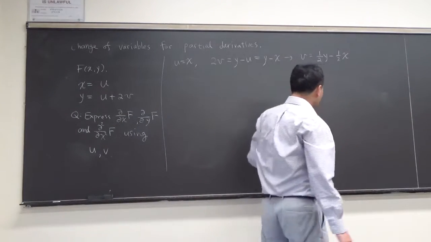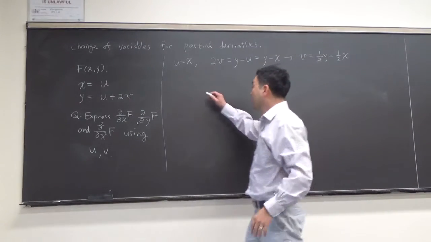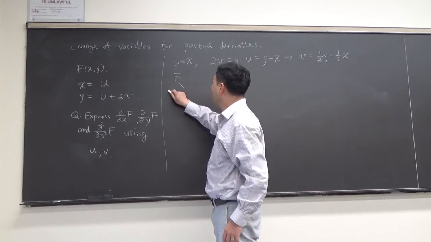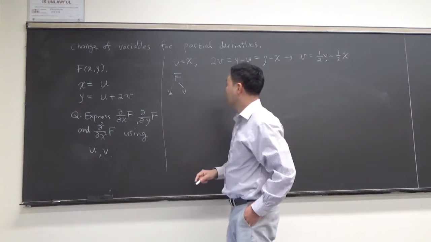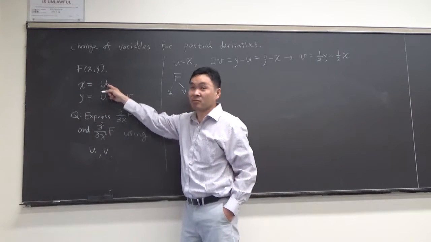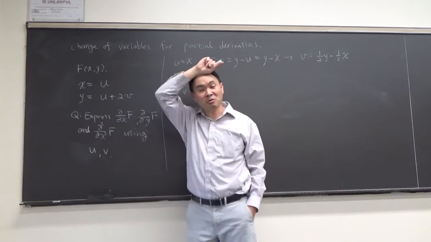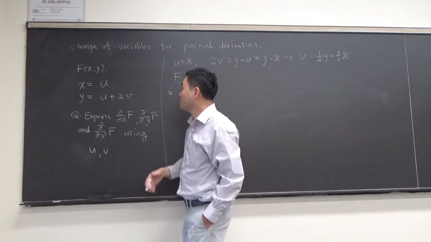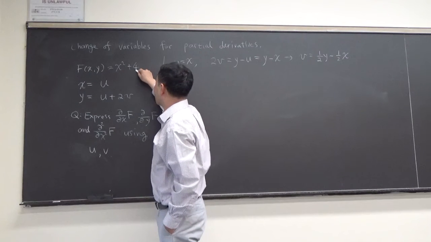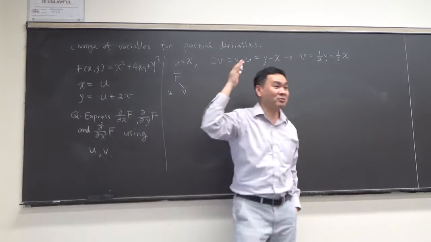Okay? And in such a case, we can write a dependence diagram. Here's the dependence diagram. f depends on u and v. Now, f is a function of u and v. Of course, if you assign a value to u and v, then, I mean, if you have trouble imagining what f could be, let's say f is something like x squared plus 4xy plus y cubed, some function of x and y, right?